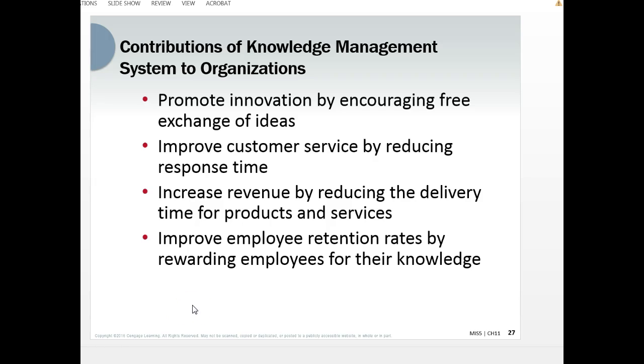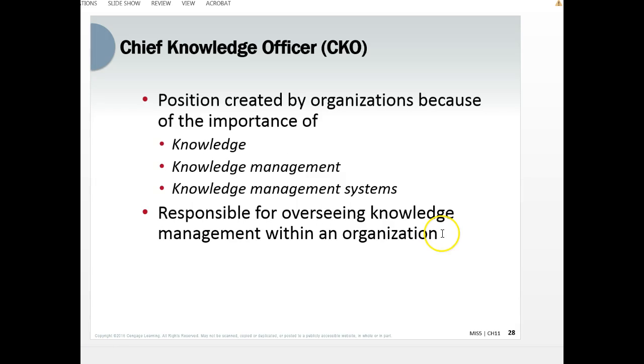Because of the importance of knowledge and knowledge management systems in the organization, now there is a person in charge of this part of the organization, called the Chief Knowledge Officer, or CKO, who is responsible for overseeing knowledge management within an organization. This person needs to make sure that the knowledge resources are properly collected, stored, and disseminated amongst the key decision makers.